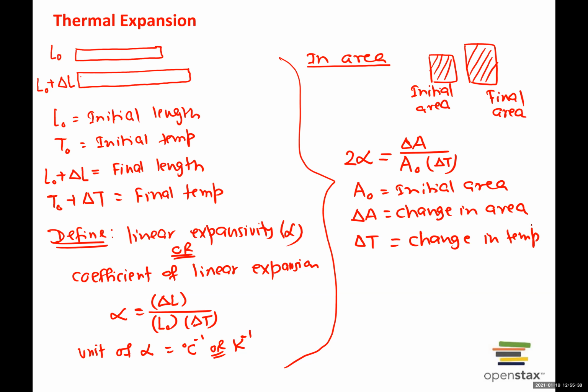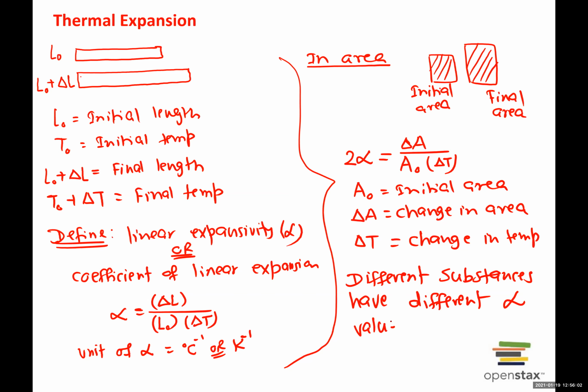The key point is that different substances have different alpha values. Copper will have a different value, steel will have a different value. Different substances have different alpha values.